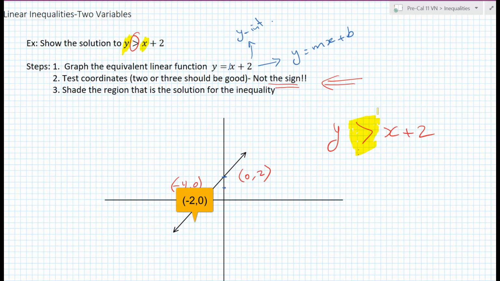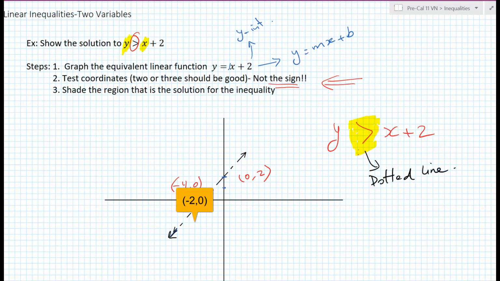That means the equal sign is not part of the inequality, it's greater than. So we need to make this a dotted line. That's the first thing we've got to do. Okay, here it is. So this is the dotted line. Make a note that it is a dotted line, not a solid line.